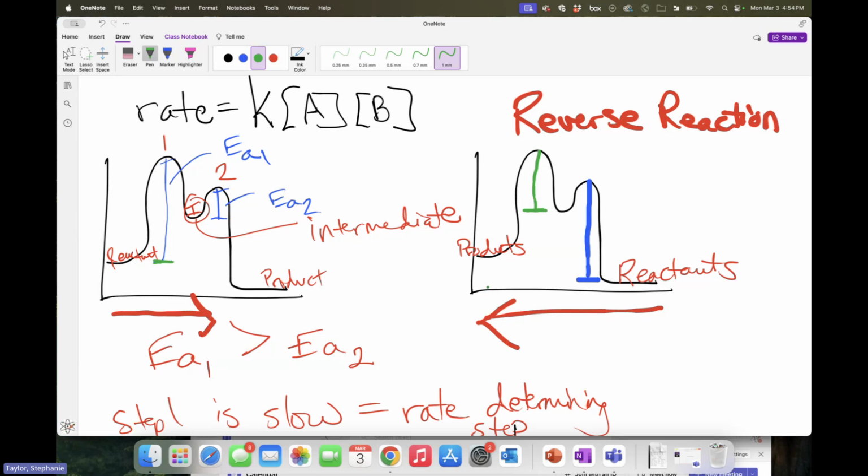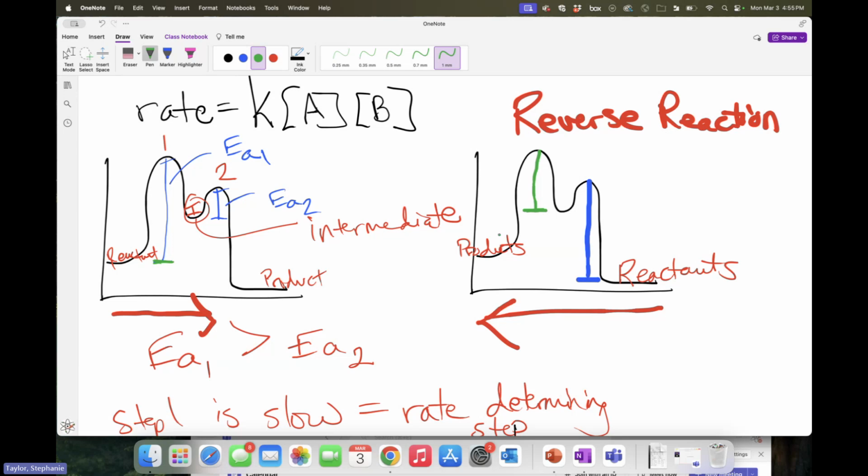So when you reverse a reaction and you want to talk about activation energy, my advice would be to make sure you're labeling your reactants and products and keep in mind where you're starting from, because the definition of activation energy is still the same. Starting from wherever we start to the transition state is still the activation energy.